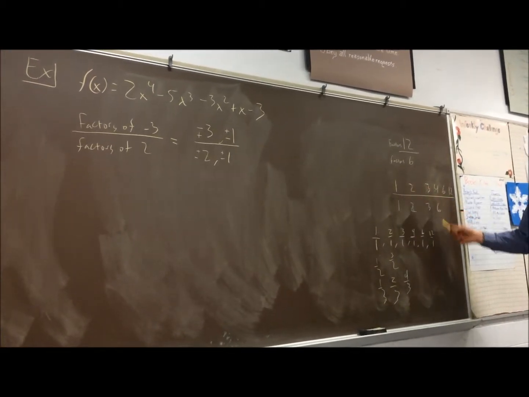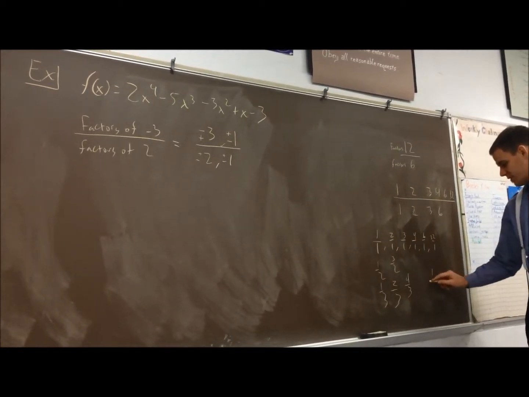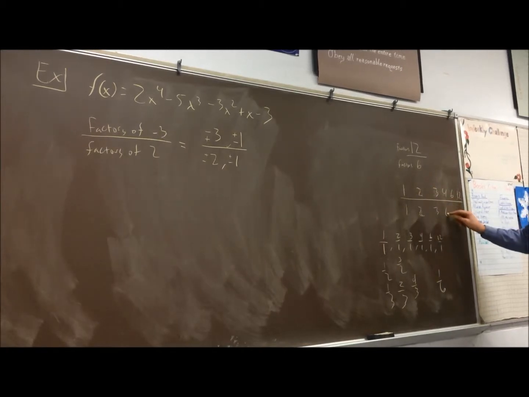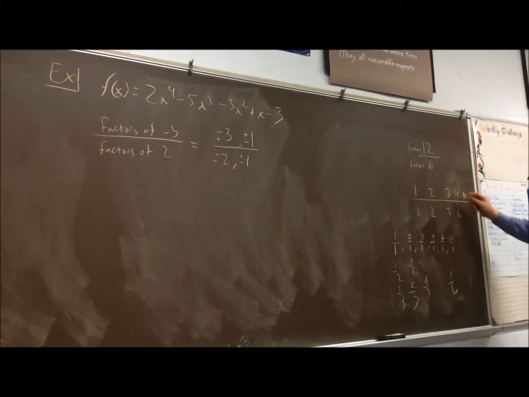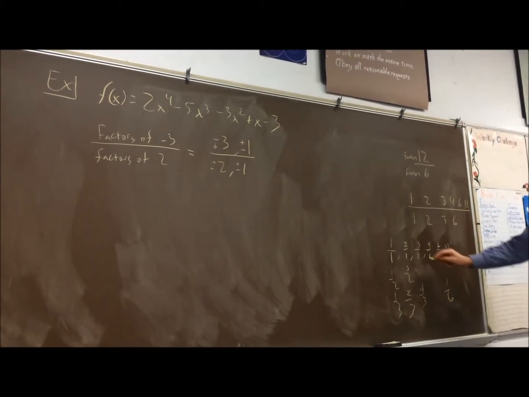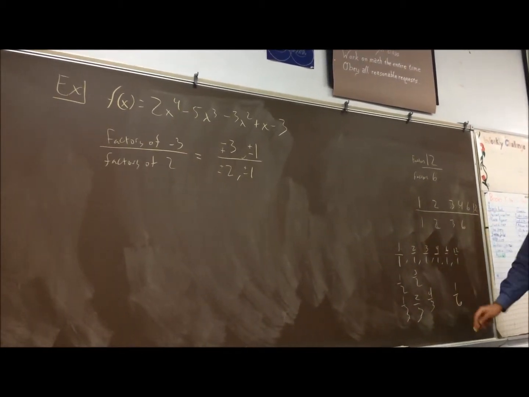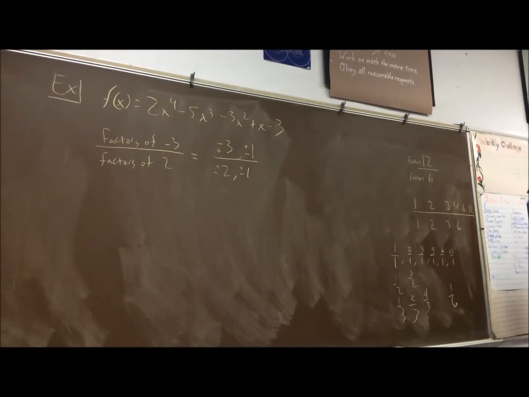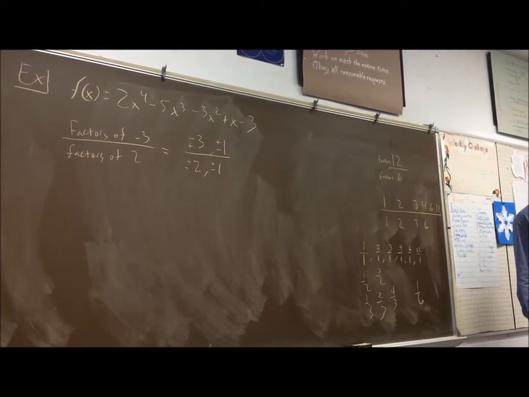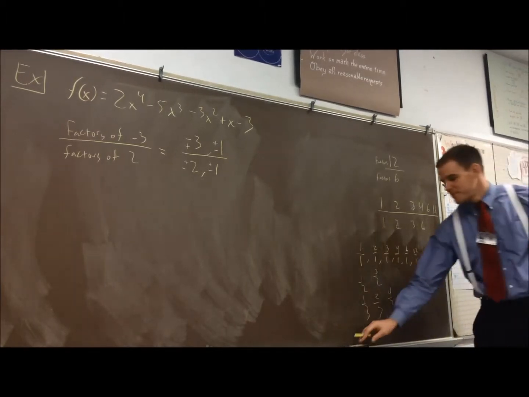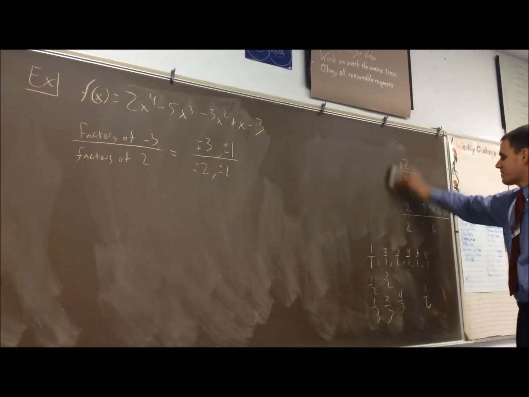Then we got 1/6. 2/6 is a third. 3/6 is a half. 4/6, 2/3. 6/6 is 1. 12/6 is 2. So, and then we have to check all the pluses and minuses. Ugh. Okay. But that's how it works.